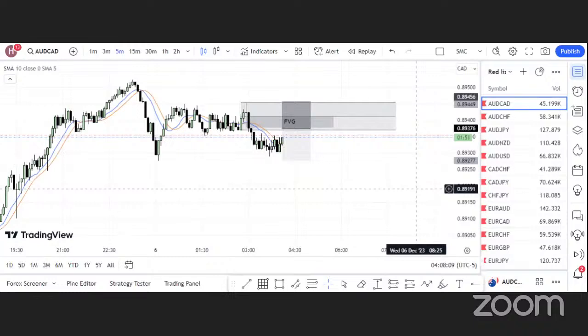Less than 2 minutes to the end of this current candle, and you see it's approaching our entry area. So let's just stay on this till the end of this candle, then see if we can get an entry.